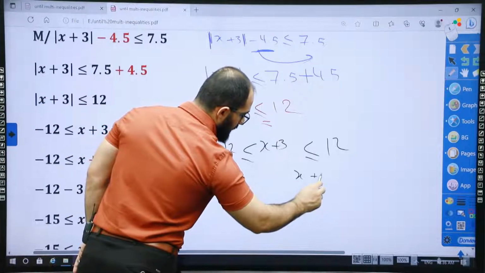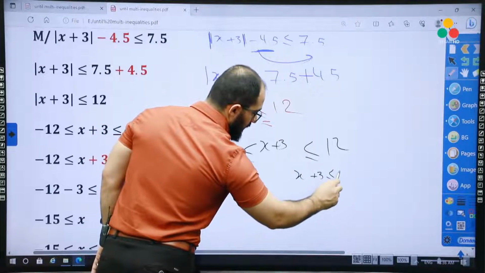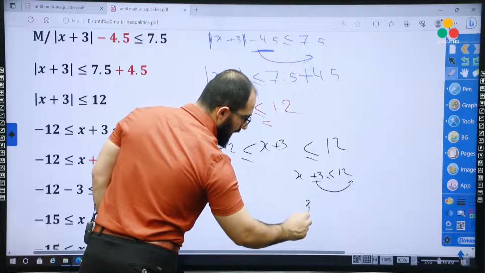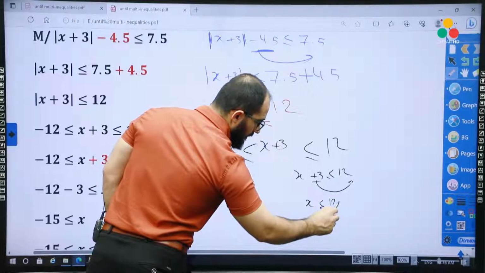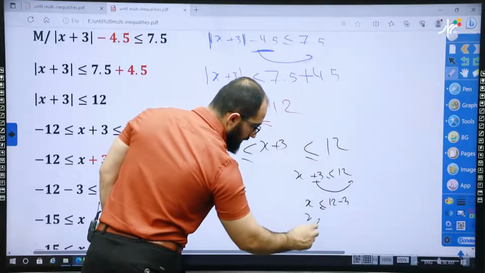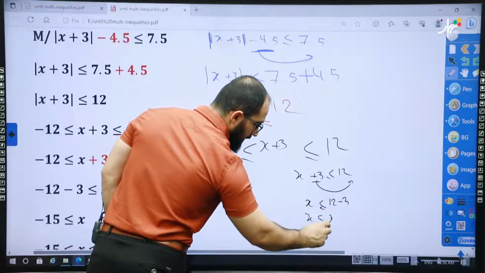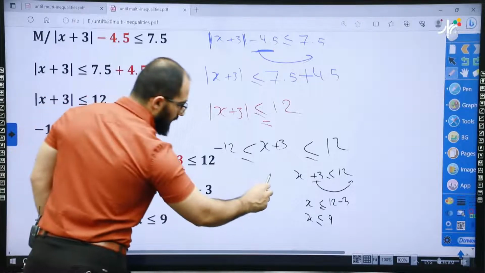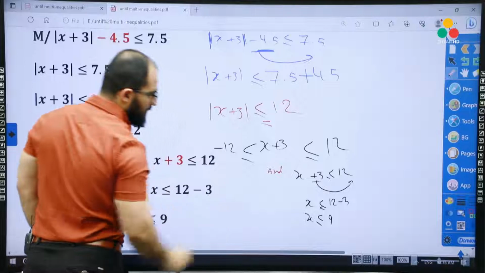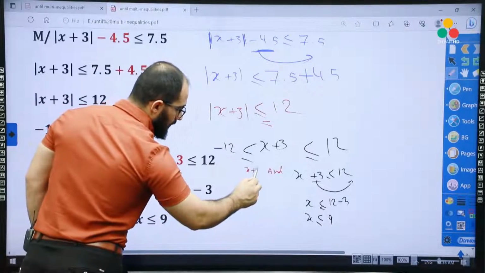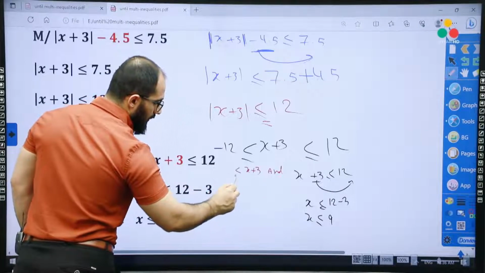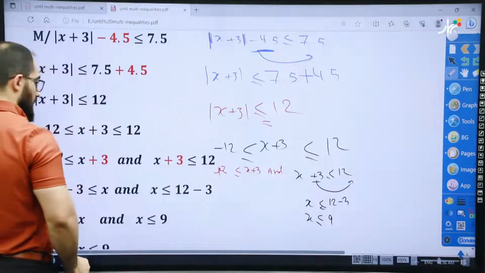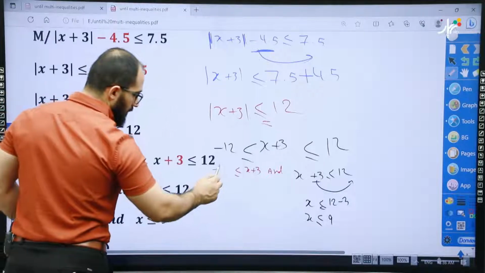X plus 3 less than or equal to 12. Move plus 3 to the other side. So x is less than or equal to 12 minus 3, which is 9. If you solve the other side, here we have x plus 3 greater than or equal to negative 12.